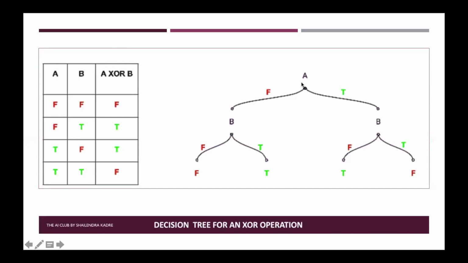So coming back to the tree, if A is true, we are checking the value of B. If B is false, the answer is true. If B is true, the answer is false. In this way, you can see that the tree has been created. For any values of A and B, by traversing through the tree, we will be able to arrive at the result.